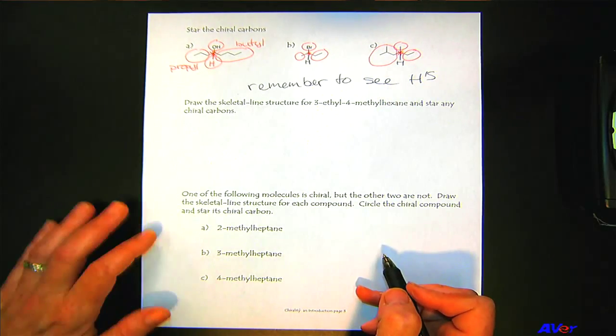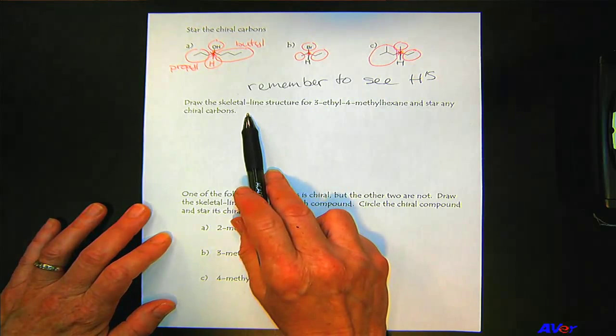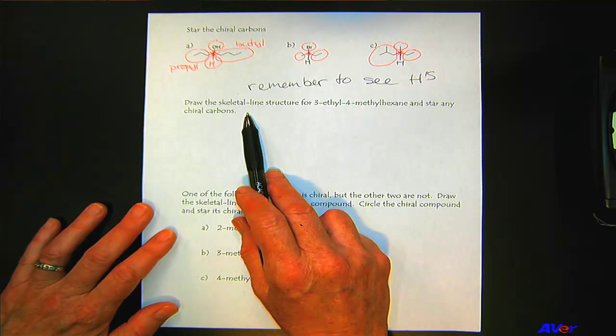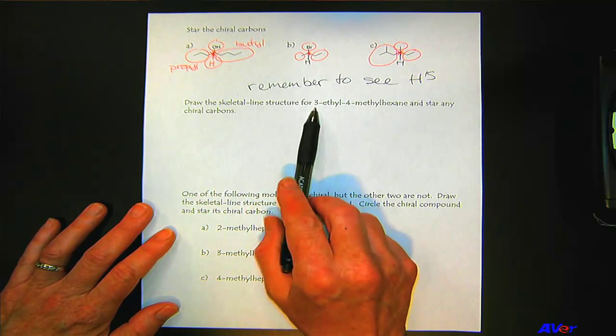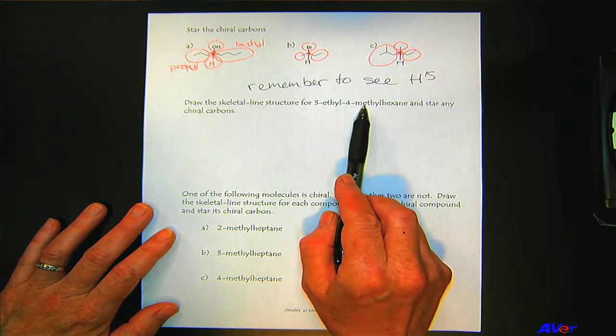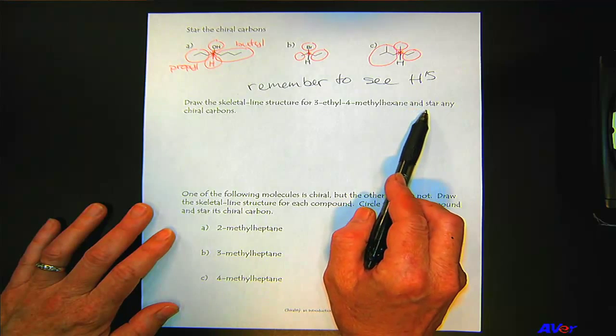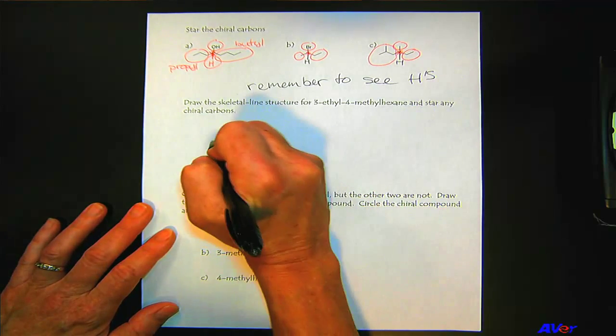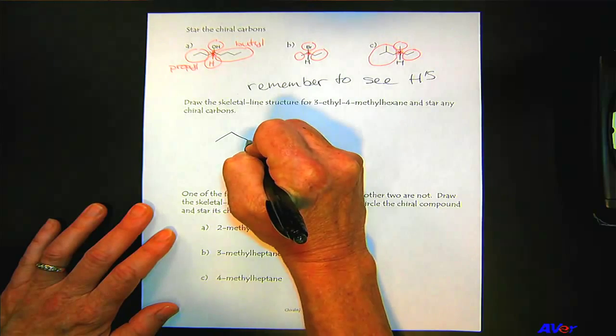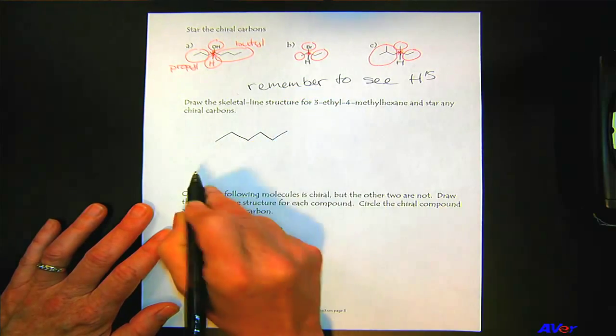Now let's bring in some nomenclature and tie this all together. Draw the skeletal line structure for 3-ethyl, 4-methyl hexane, and star any chiral carbons. So 2, 3, 4, 5, 6.